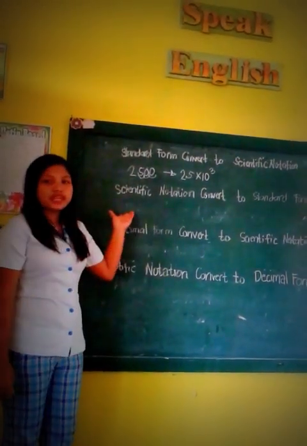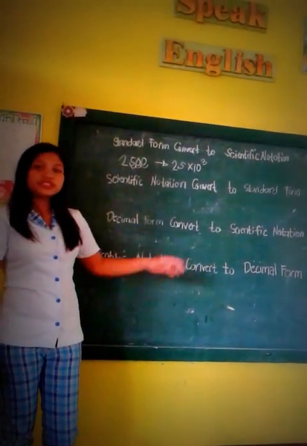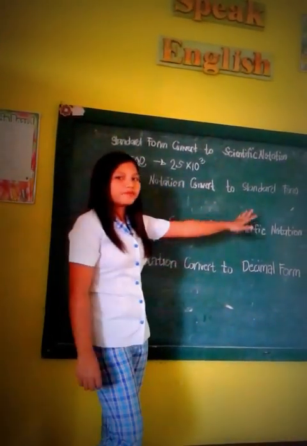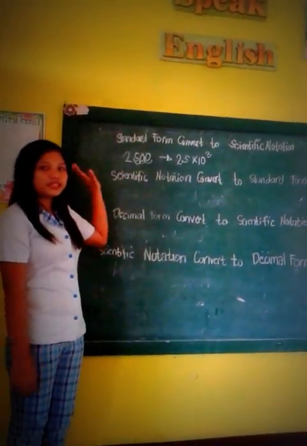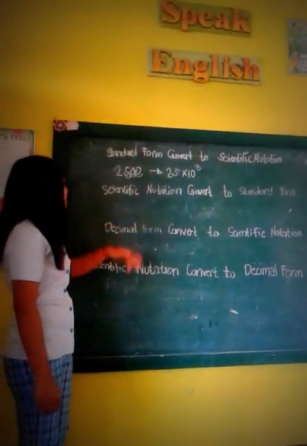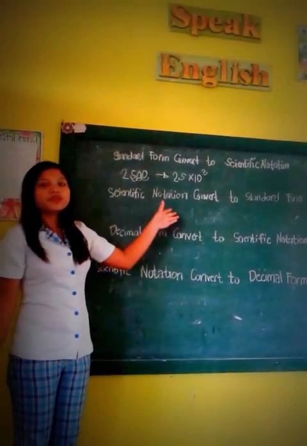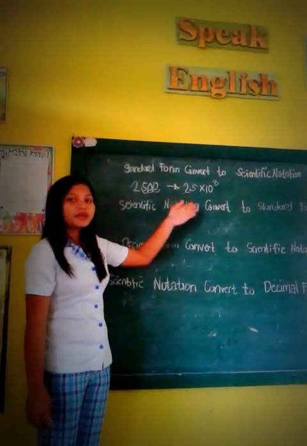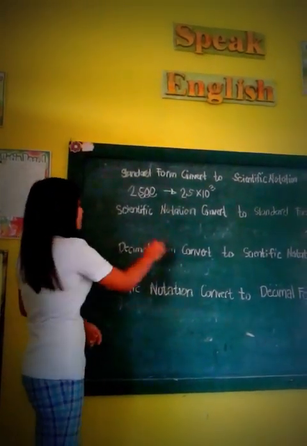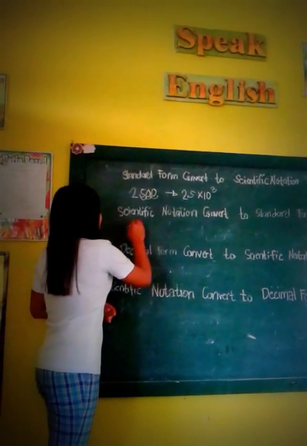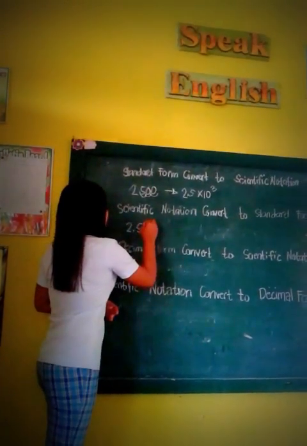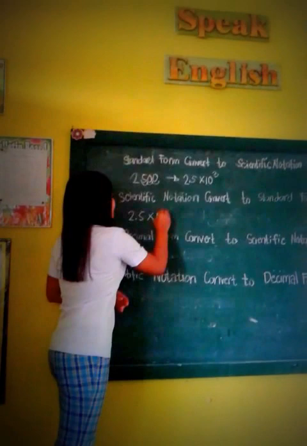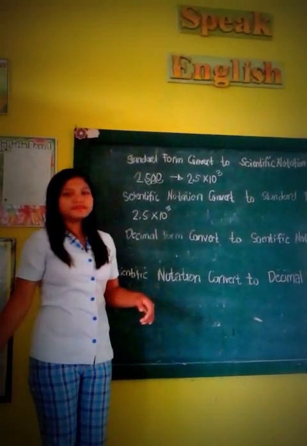Then step number 2 is converting scientific notation to standard form. So this is the opposite of step number 1. Then the same problem. The scientific notation here is 2.5 multiplied by 10 raised to the power of 3. So you must just copy 2.5 multiplied by 10 raised to the power of 3.